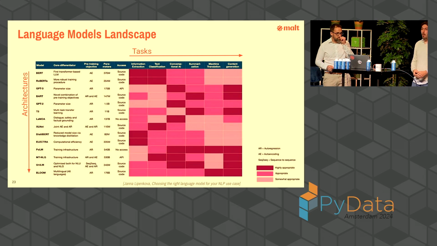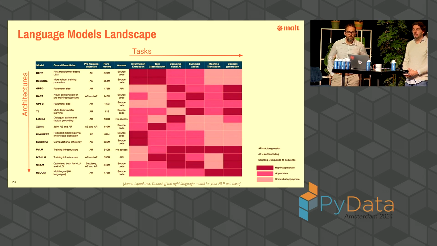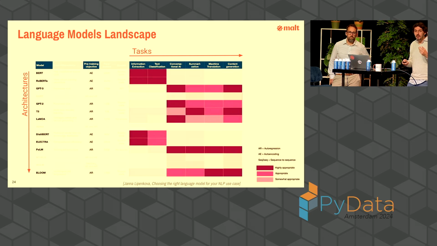Since we're working with text, we can have a look at the language model landscape. As a side note, this figure is actually outdated, as we all know things are moving quite fast with language models. But it's still interesting because you can see that, depending on the model, they may have different weaknesses and strengths. And if we zoom back and look at how they are trained, we see a pattern emerging.